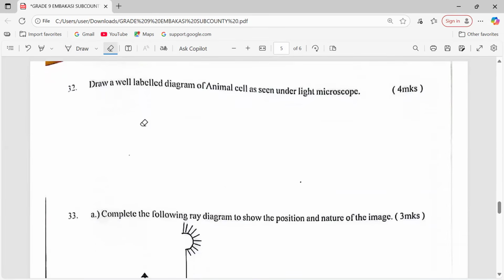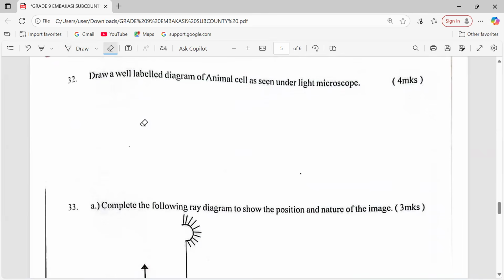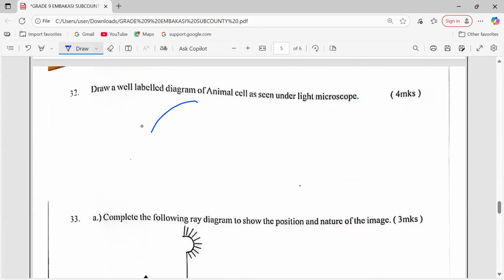Number 12. Draw a well-labeled diagram of an animal cell as seen under the light microscope. So we're just going to draw the basics in an animal cell, whereby you need the irregular circle like that. Then at the center, we can have the nucleus. Then this is the cytoplasm.